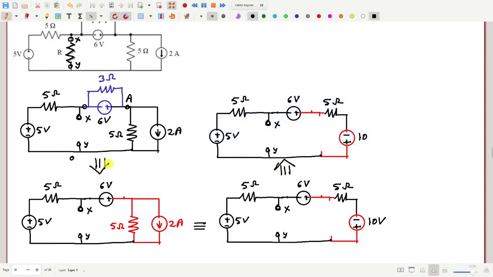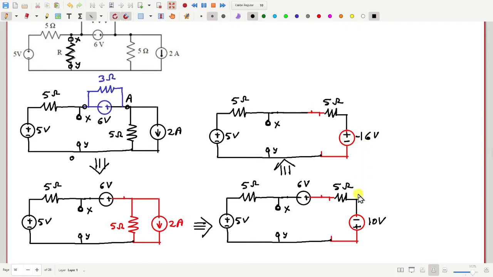Okay, so I'm going in this way. Now this 6 volt and 10 volt can be clubbed together as one single source of value 16 volt. Okay, like this. So you may also write it in this way, plus minus, and here minus 16 volt.